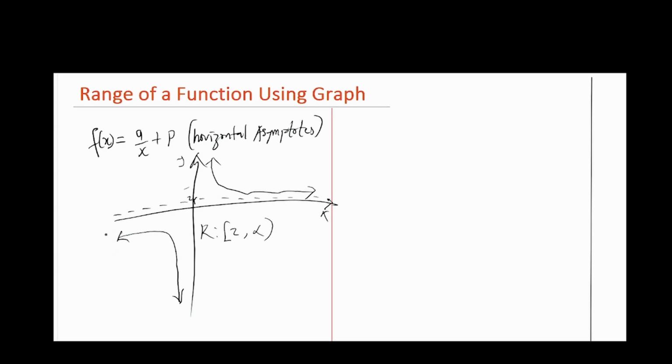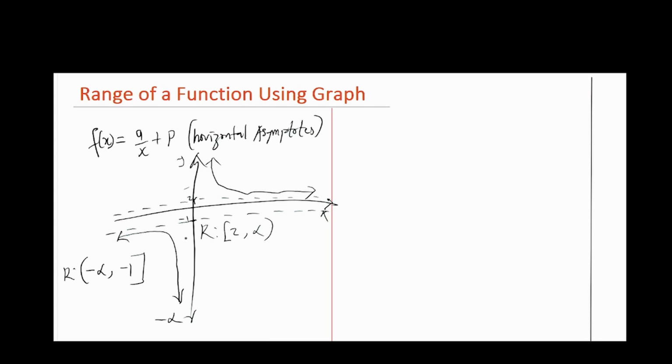As well here, let's take the dotted line, which is the horizontal asymptote. Let's take that the value here is -1. Now, the range can be written as, because we start from the lowest, minus infinity to -1. So we will say that the range is from negative infinity to -1. We can combine these two ranges.